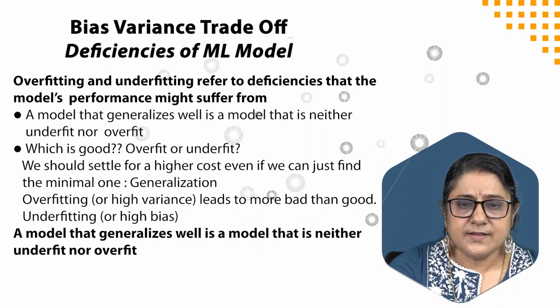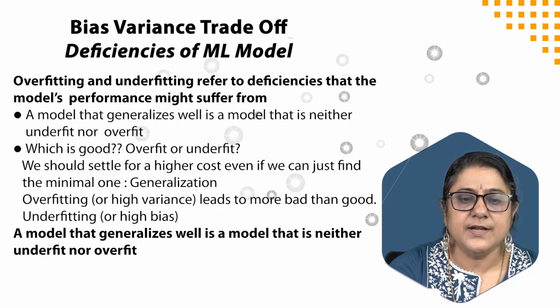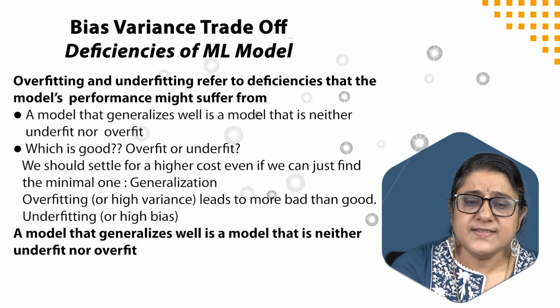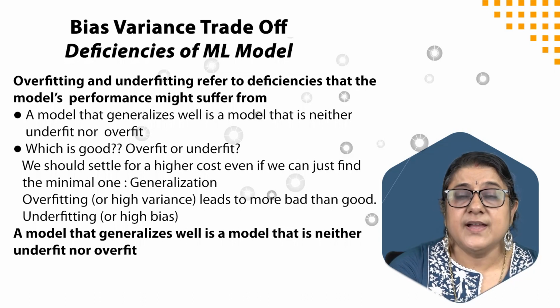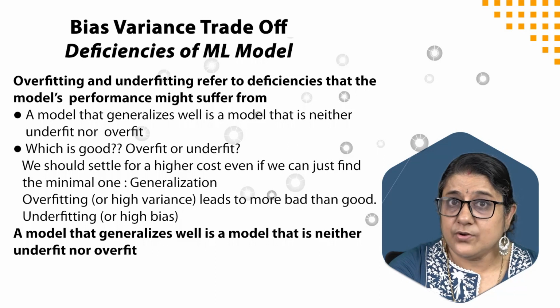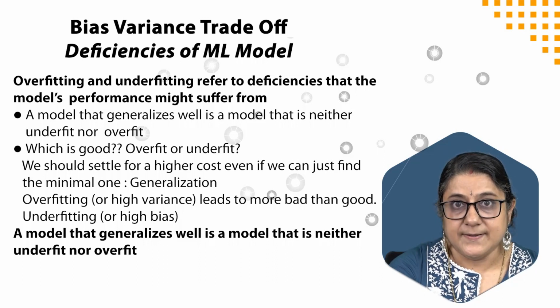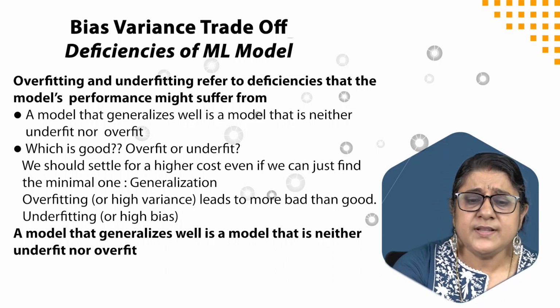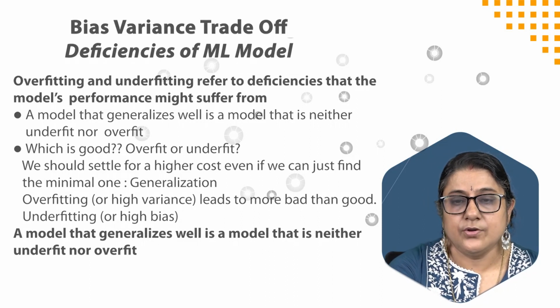So we'll understand what overfitting and underfitting mean. Overfitting is a high variance, which leads to more bad than good, and underfitting is a high bias. That means we are not able to fit more data by the model because we are very much biased. So a model that generalizes well is neither an underfit nor an overfit.